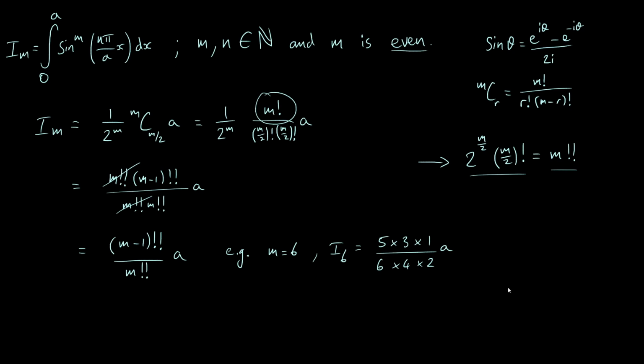So there you go. This has been quite a lot of work. I think it is more sensible to do it the reduction formula way, but I do find it very interesting that just from this definition and a fair amount of algebra, we can arrive at the same conclusion.